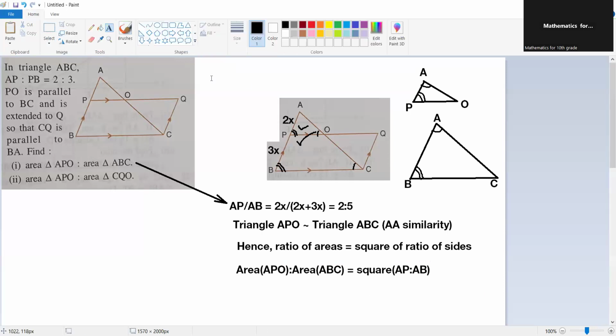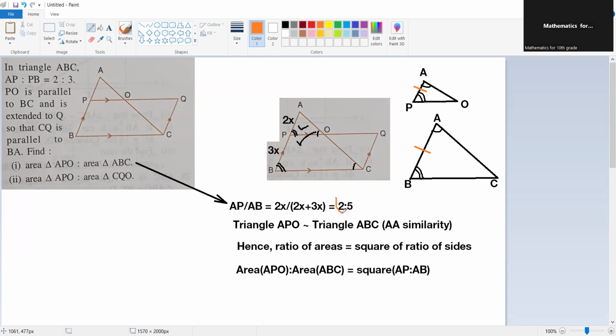So I'm talking about these two sides, AP and AB. I'll just mark it in red to be more clear. So AP and AB. Because these two triangles are similar, the ratio of these two sides, if we take, which is 2:5, I'll just mark this in pen.